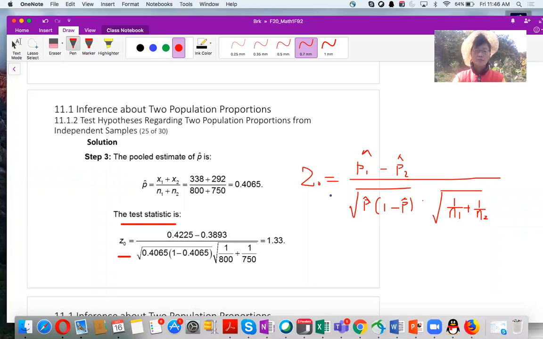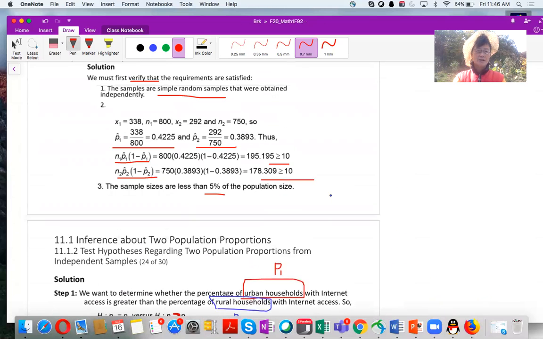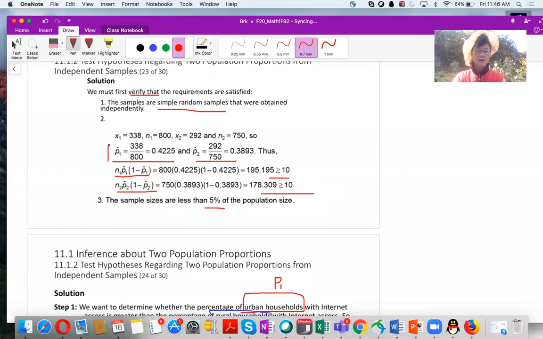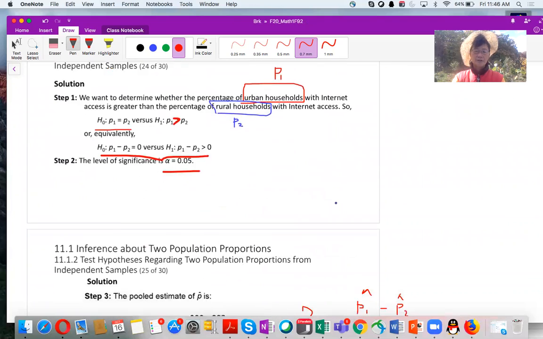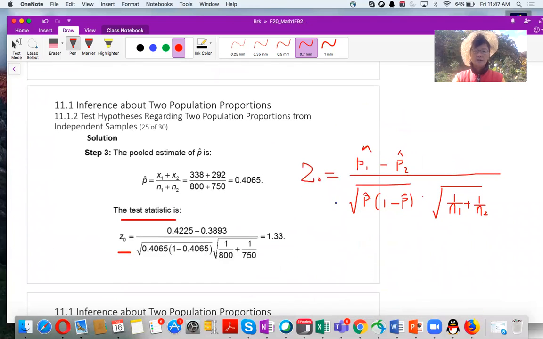In the previous slide, I identified p1 hat, p2 hat, and p hat. So you just plug in the related numbers and you get the test statistic, 1.33.